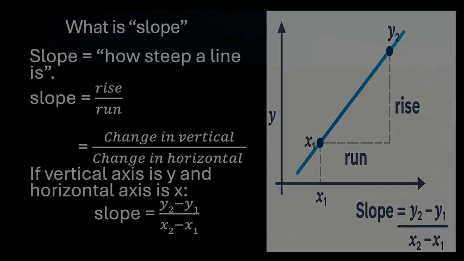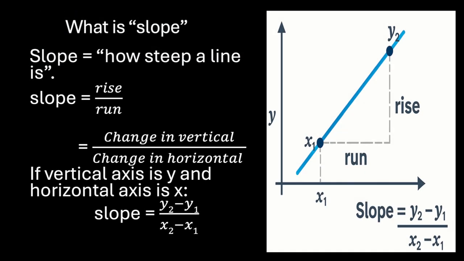So, in simple terms, what is slope? Slope is basically how steep a line is, which is mathematically written as rise by run, or change in vertical by change in horizontal.